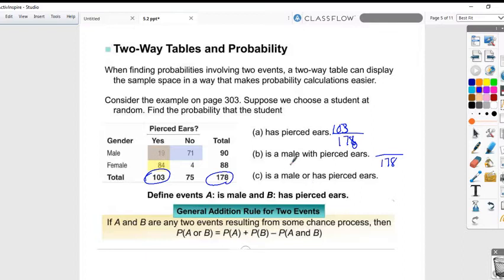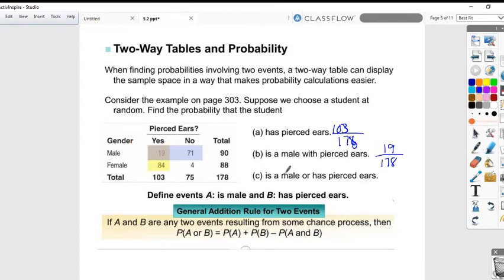Now we want a male and they have pierced ears. Where are my males that have pierced ears? Right here. Male and pierced ears, that answer is 19 over 178. I'm not going to worry about simplifying right now. Next one. Let me erase my chart because I wrote all over in here.